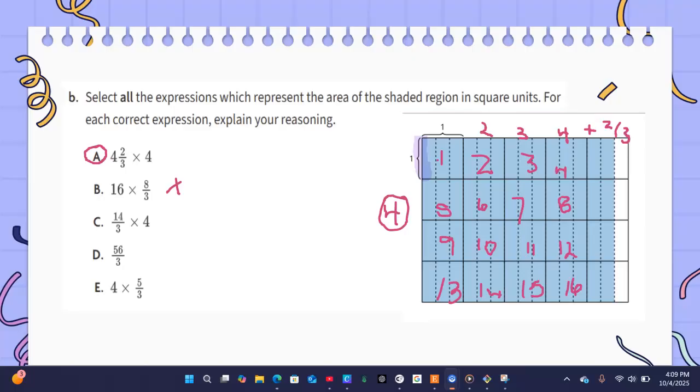We're not multiplying 8/3. Let's see what we have here. We have 1, 2, 3, 4, 5, 6, 7, 8. Well, that's definitely 8/3. So we have the correct numbers here, but this is 16 plus 8/3. So that's why this one is definitely wrong. And what I want you to do, guys, is definitely work it out.